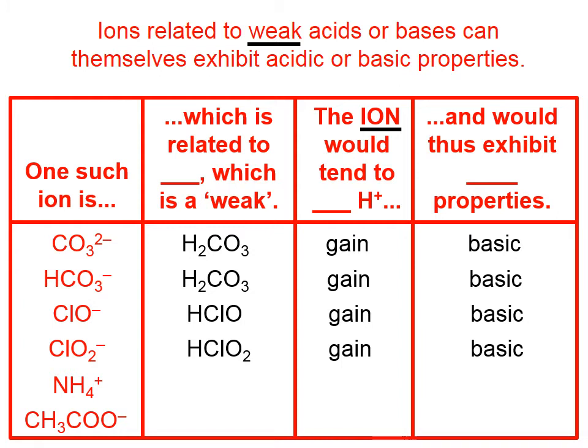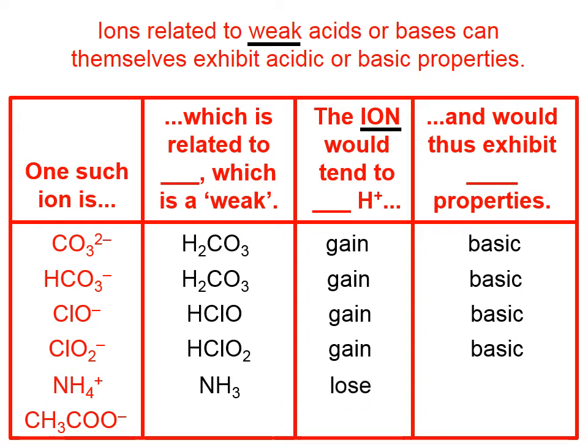You can see that most of these tend to gain protons, acting like a base, but the next one, NH4 plus, that's the ammonium ion, is related to the weak base, ammonia, NH3. If NH4 plus is going to do anything with protons, it's certainly not going to gain them, because the ammonium ion is positively charged, so it's not going to accept protons.